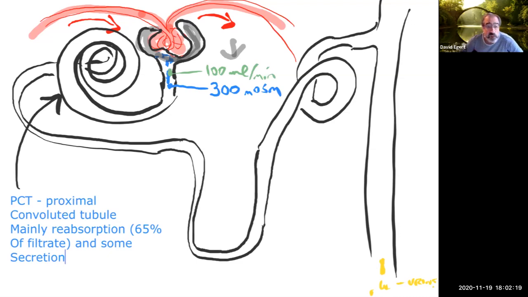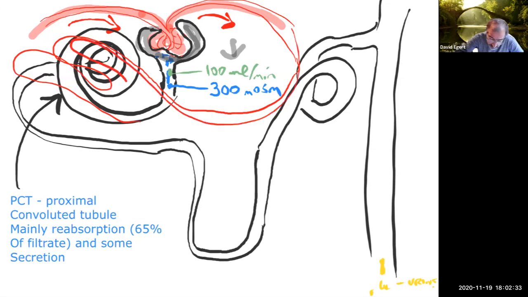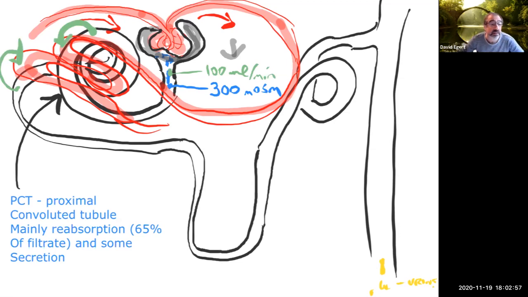So the PCT, so obviously to make this picture make more sense, I should put the peritubular capillaries. Obviously the peritubular capillaries are all over the place here. So this is where we take in the stuff we want to keep that's still in the tubule and move it into the bloodstream. So this is reabsorption, taking stuff that is in the tubule and bringing it back into the body.